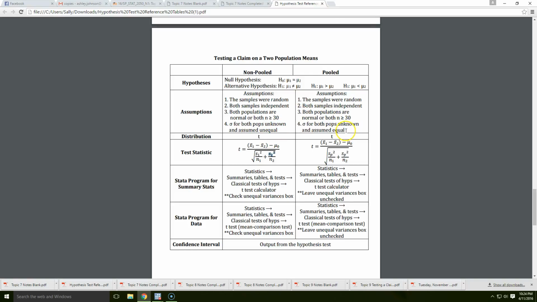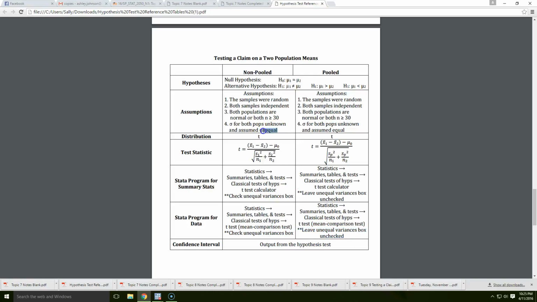We don't pool them together because they're not statistically the same, so we keep them as separate standard deviations. However, when the standard deviations are equal, we call this a pooled test, because if they're statistically the same, we can call them the same standard deviation, which makes it a little bit easier to reject H0. All you need to remember is that you have to do this hypothesis test, check this assumption, and if you have equal standard deviations, you leave the unequal box unchecked.